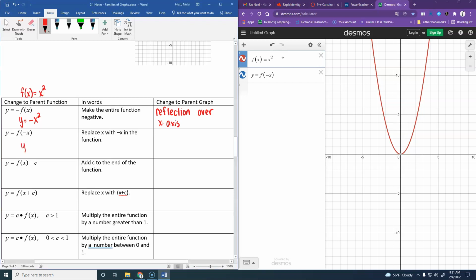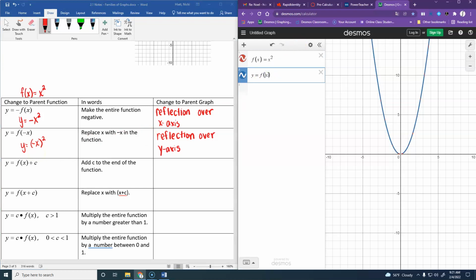So if you have the negative inside of the parentheses for whatever you're dealing with, it's going to be a reflection over the y-axis. And there are several functions where you can't tell that anything happened when you do that, like x squared, also like your absolute value, because they're already symmetric about the y-axis, so when you reflect them, they don't look any different. So that's why sometimes those may actually look exactly the same.